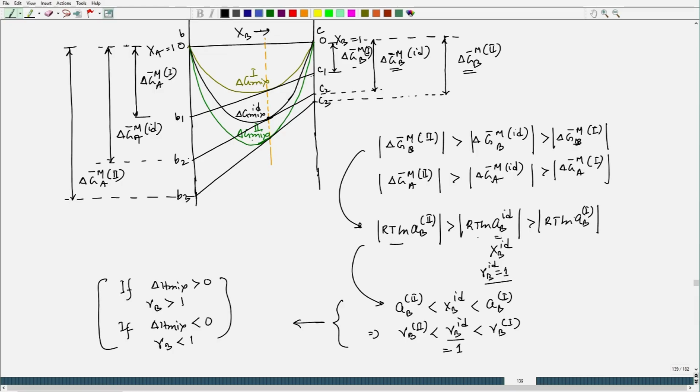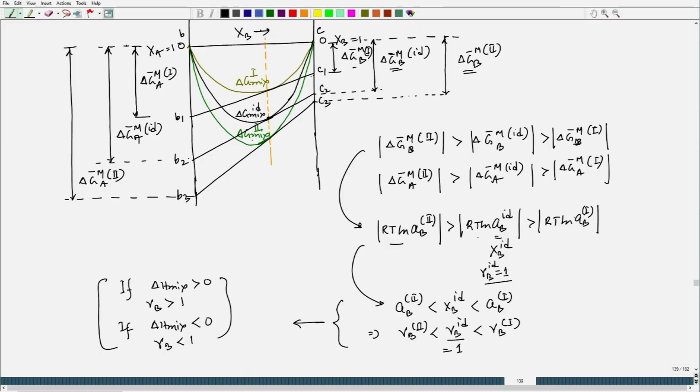Now, we have seen that if delta H mix is slightly positive or slightly negative. When it becomes negative, we see that the delta G mix shifts downward as we make it more and more negative. So that delta G mix would fall down and become deeper. So what does it mean? It means that a particular phase, everything we are doing is for a particular phase.